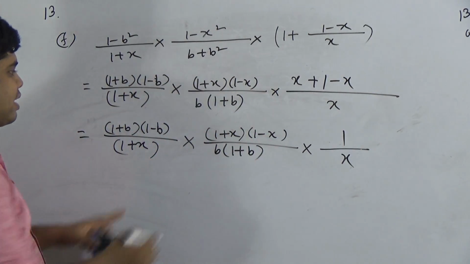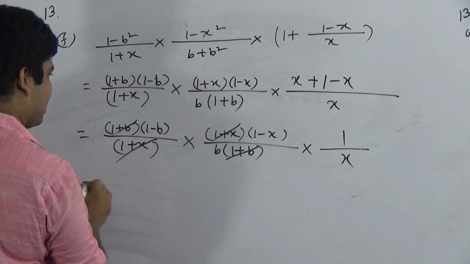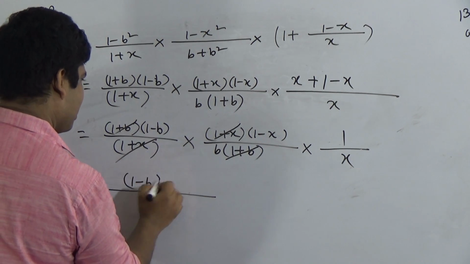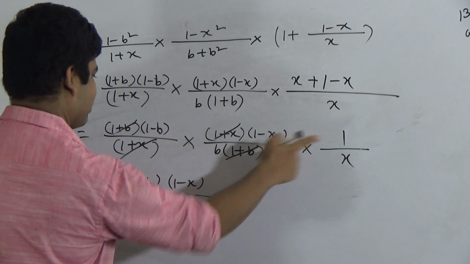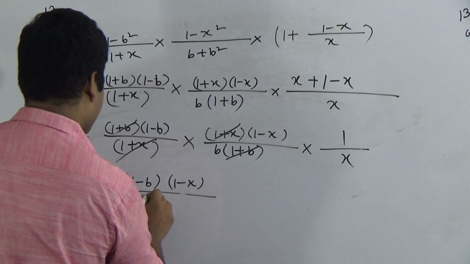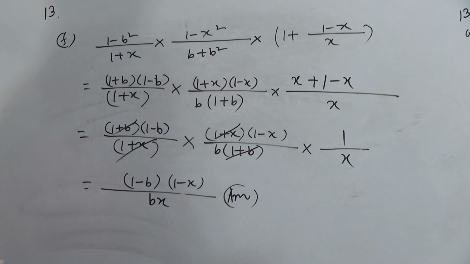So 1 plus x are cut, 1 plus b are cut, and left 1 minus b, 1 minus x. Okay, and 1 we need not write, and here b and x left, so bx, and this is the answer. I hope you have understood question number F.